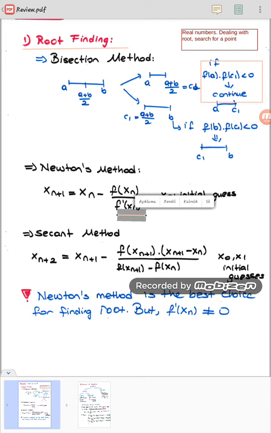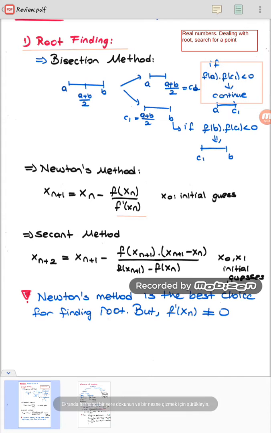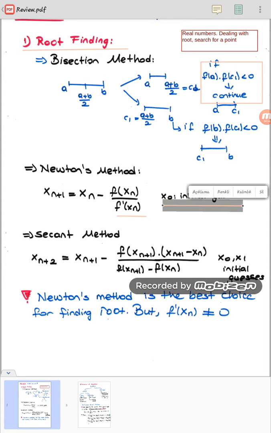If it is 0, then your solution becomes undefined. As we discussed in class, including geometrically, the initial guess is so important in this approximation. This x0 is defined by us or by the user, so it is an important choice for our method.